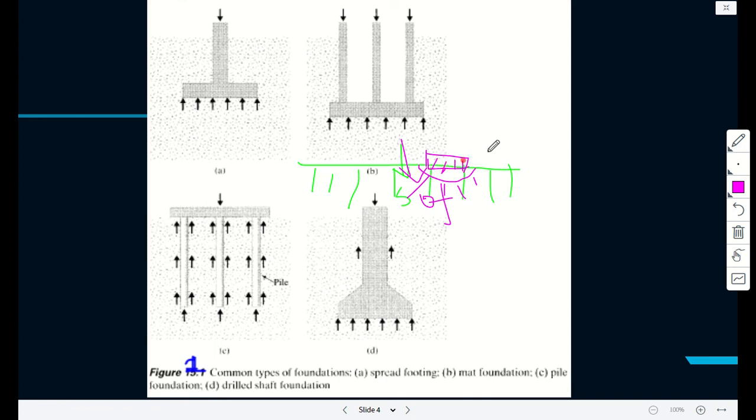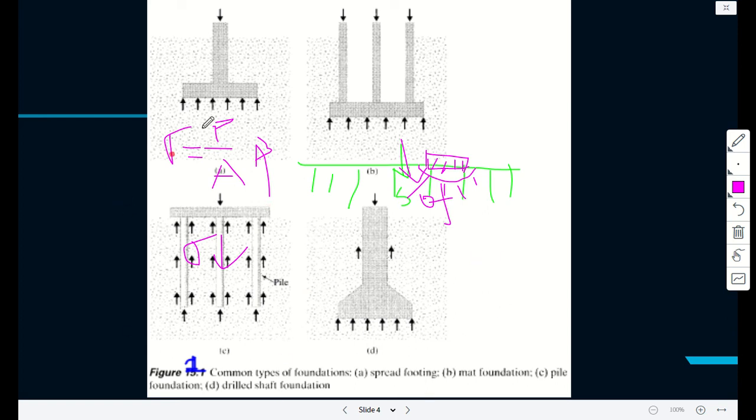So what you need to try to do is spread the area, because the stress that the soil will feel is sigma, the load over the area. So to reduce sigma, class rep, to reduce this value, what do you do from this formula?